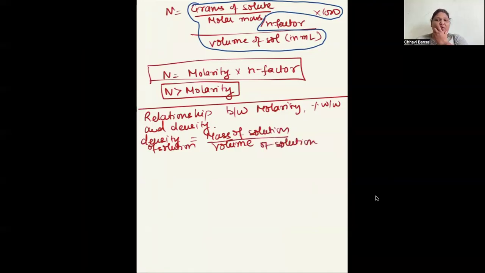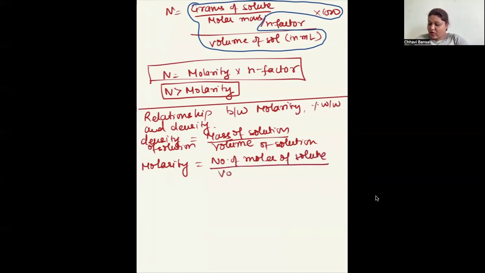Now, let's write down the formula of molarity. Molarity is number of moles of solute divided by volume of solution in ml into 1000.